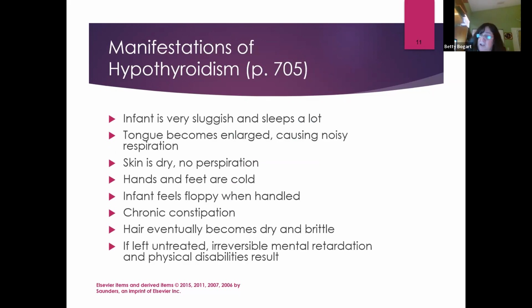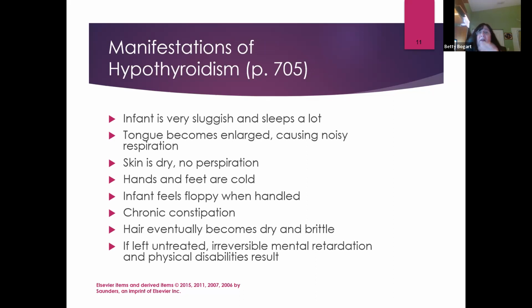Now, manifestations, what would you see? Well, hypothyroidism in adults, you're going to see lethargy, cold intolerance, extra hair, skin is going to be dry. But in the children world, you're also going to see growth delays. So this child is going to be sluggish and sleeps a lot.